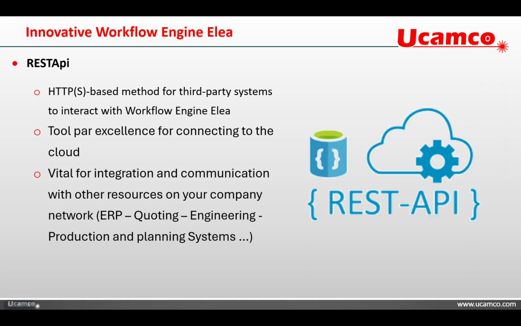That means that from this version onwards, there are licenses that will unlock the REST API on the workflow engine, so that, for instance, third-party applications like an ERP system or a quoting machine can approach the workflow engine server and collect from it the relevant information that they would need.